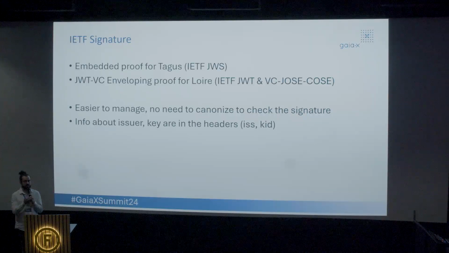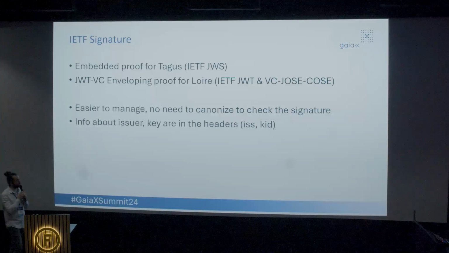You take the JOSE library, compact sign, that's it, it's done, and you have your credential. And when you want to verify and decode them, same, the JOSE implementation is perfect and exists in pretty much every language. So it's much easier to use the Loire release in terms of signature, at least.